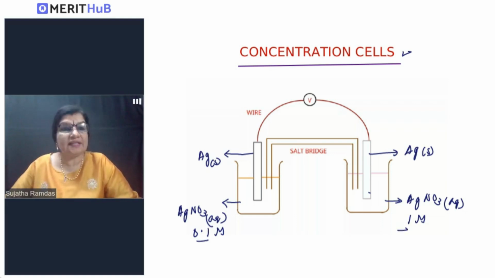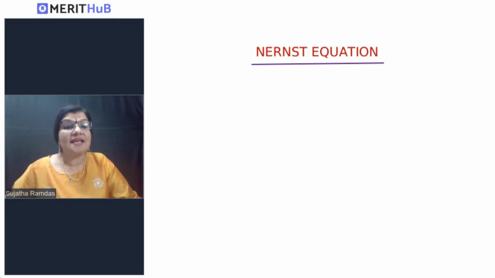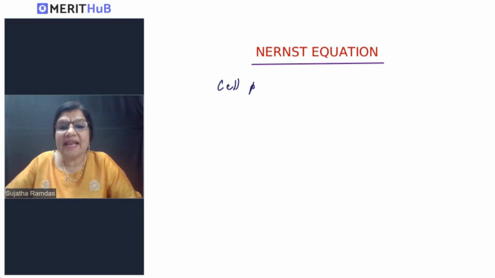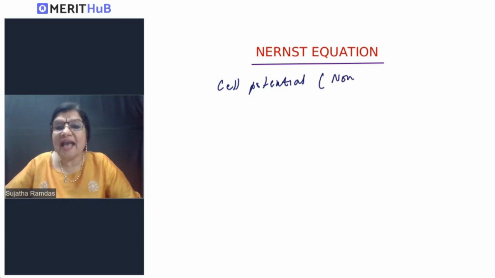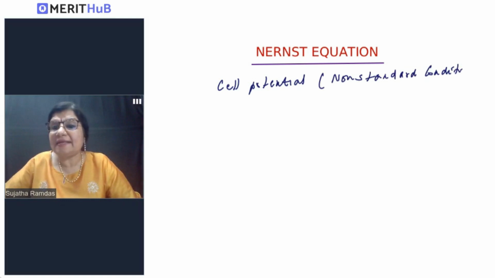Now, we will not discuss the details of this. Let's now move on to what is known as the Nernst equation, which signifies the mathematical relationship between cell potential, E cell, under non-standard conditions. And when we say non-standard conditions, temperature is maintained constant.